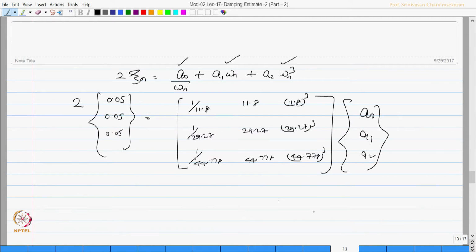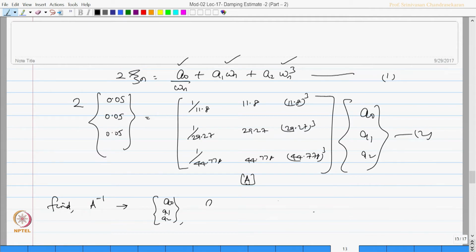I can convert the above equation into a matrix form as given below. Now, I call this matrix as A. Find A inverse. Okay. So, that will give you the coefficient matrix A 0, A 1 and A 2.